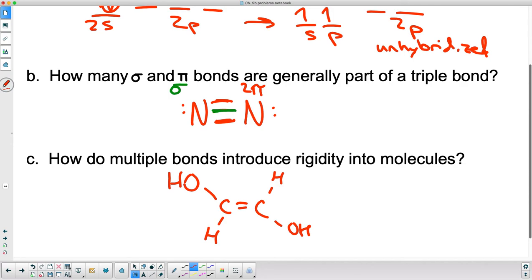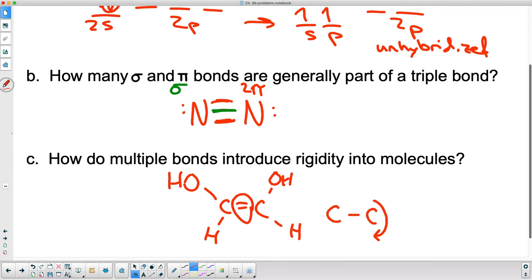Notice here, because I have a double bond, I can have the OHs diagonal from each other, or I can have them on the same side, like this. And whichever way I put the OH, it stays like this, because this double bond will not allow the carbon and carbon to rotate.